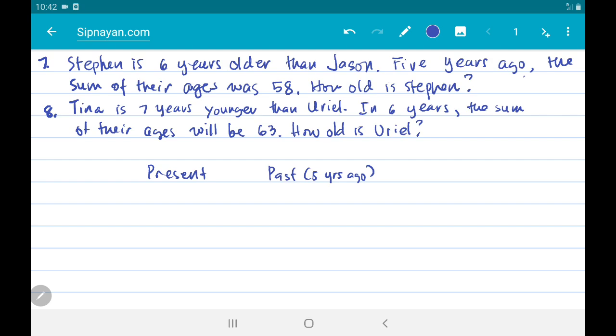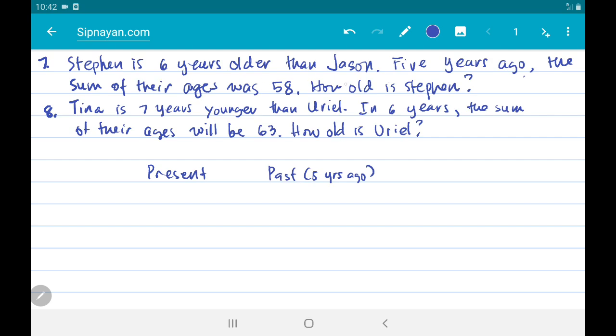Yung present, yung first sentence, Stephen is 6 years older than Jason. So, present ito. Pag sinabi mong I'm 6 years older than you, then I'm sure you're talking about a present, hindi naman a future. So, sino yung ex natin dito? Stephen is 6 years older. So, yung age ni Stephen ay merong plus 6.